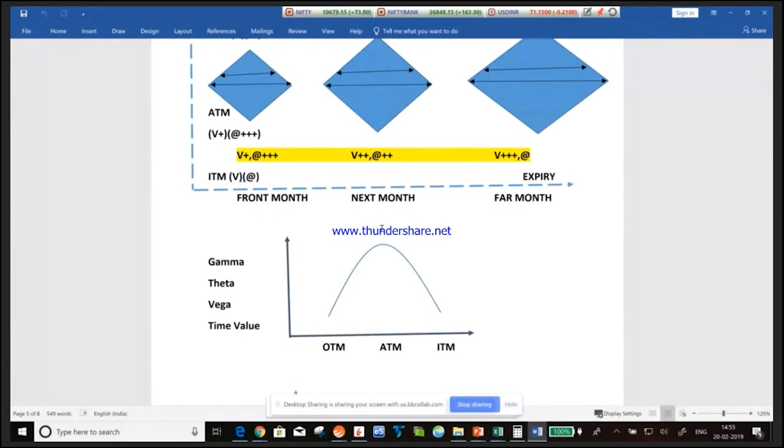Your gamma is also going to be highest for at the money. All right, everybody clear with this?